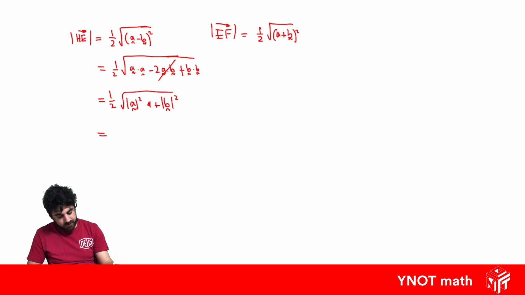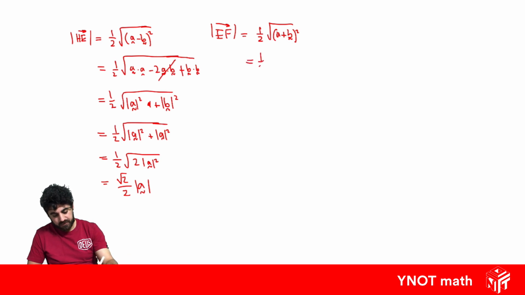We know that the magnitude of A squared equals the magnitude of B squared, so we're just going to rewrite the magnitude of B squared as the magnitude of A squared. It's a half outside of the square root of 2 times the magnitude of A squared. Now, the square root and the square on the magnitude of A will cancel. So we'll just be left with root 2 on 2 times the magnitude of A.